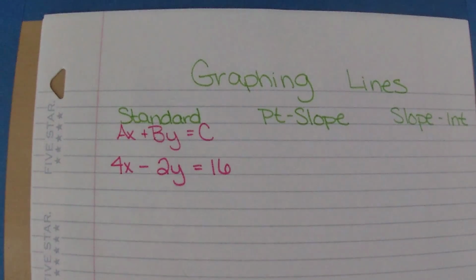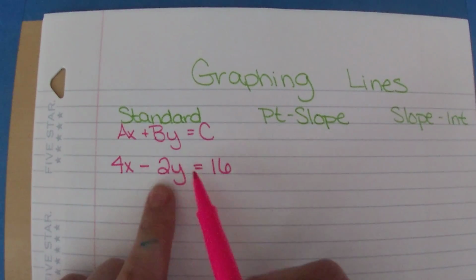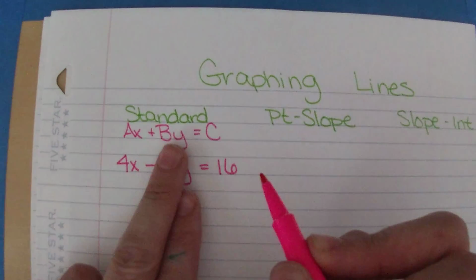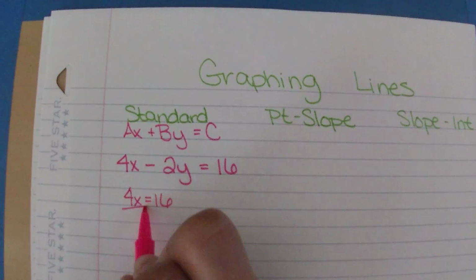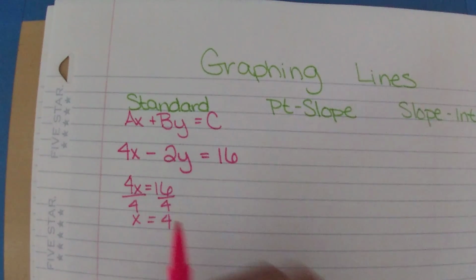And remember, we do that because an x-intercept always has a y value of 0, right? An x-intercept is on the x-axis, so our y value is 0. But again, when we plug in 0, it sort of makes all this go away, and we're just left with that equation of 4x equals 16. And that's then an equation that we can solve, and we get x equals 4.